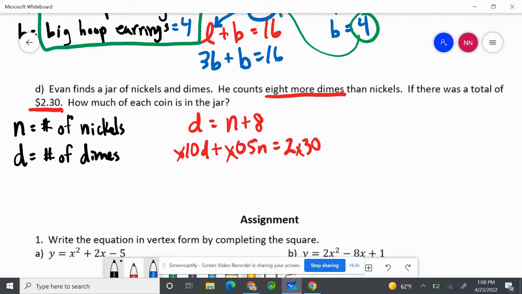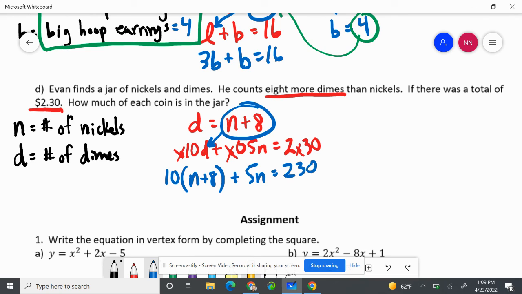And then what I do is I take the n plus 8, and I replace that with the d. So I have 10, and instead of a d, I have an n plus 8. And then I have a 5n is equal to 230. So that would be 10n plus 80 plus 5n equals 230.